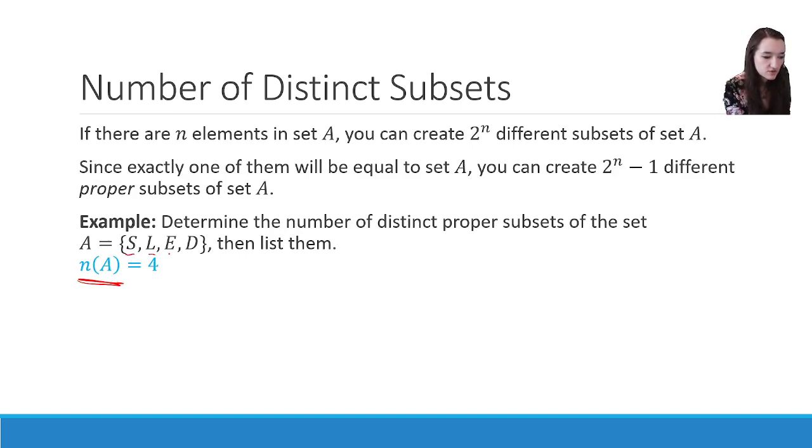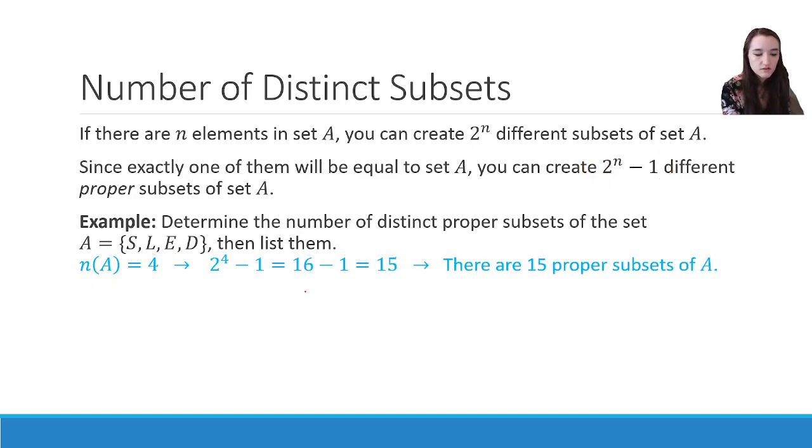Because there are 1, 2, 3, 4 elements. Then we plug into our equation for proper subsets: 2 to the 4th minus 1. 2 to the 4th is 2 times 2 times 2 times 2, which is 16. Minus 1 gets us 15. So there should be 15 proper subsets.